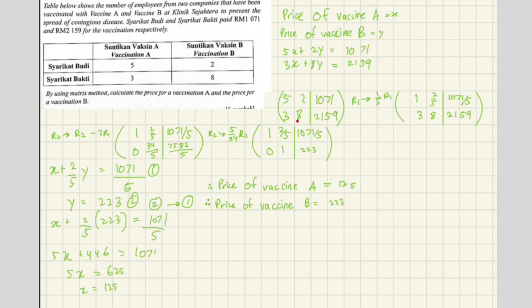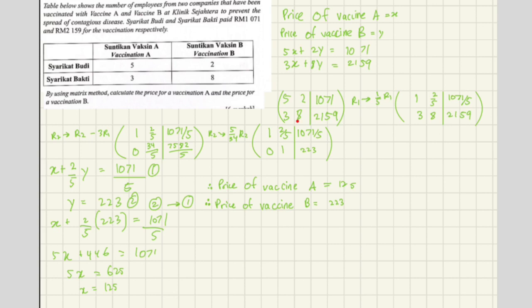The second equation is 3x plus 8y equals 2159. The second step is we must put them into matrix form.